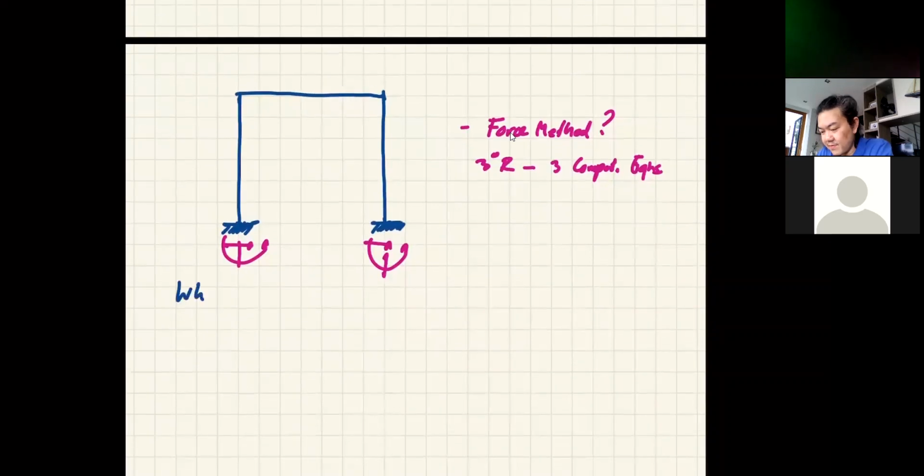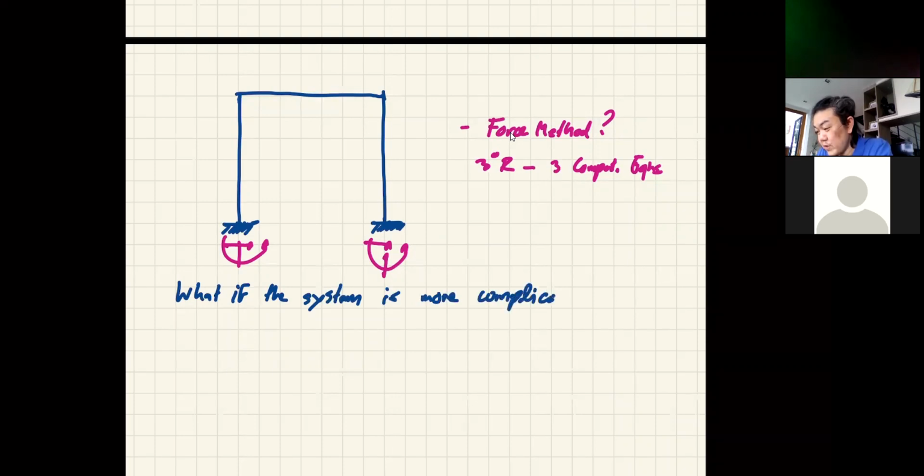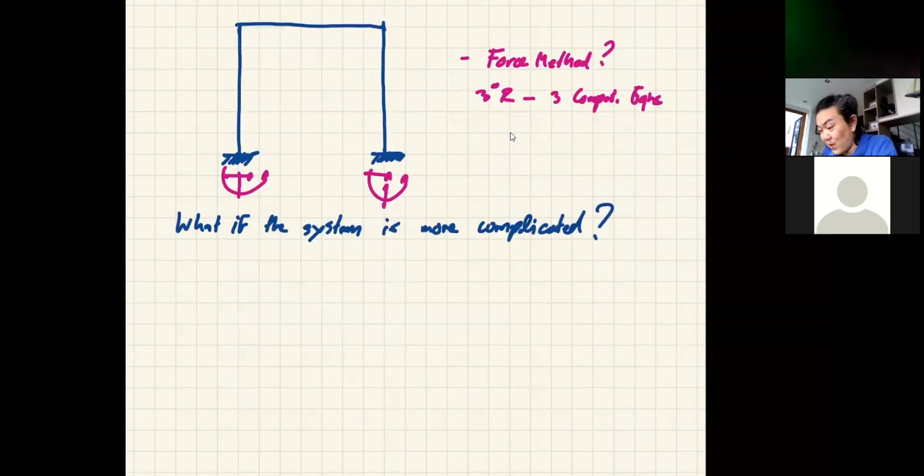What if the system is more complicated, which is the real world, right? Who's going to build a building with 2 columns? No, you cannot have a building with 2 columns, right? So in the real world, let's say you're going to have something like this.